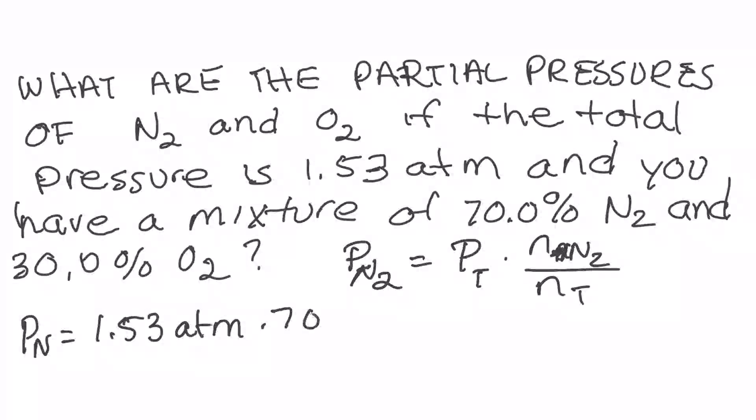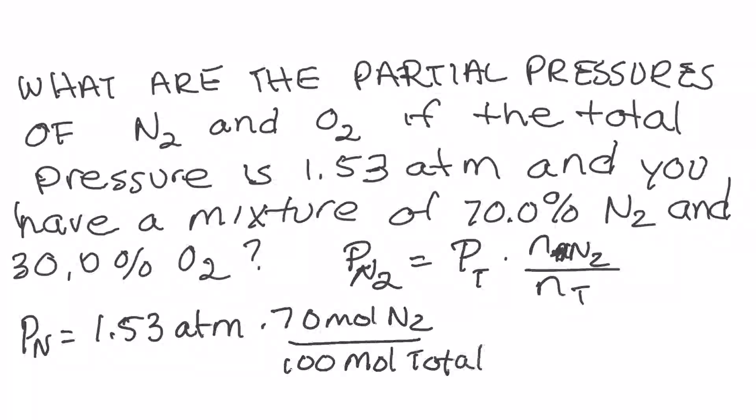So I have 70 moles of nitrogen for every 100 moles total. And that's what percent means. And so 1.53 times 70 divided by 100 gives me an answer of 1.07 atmospheres. Notice the moles will cancel out.